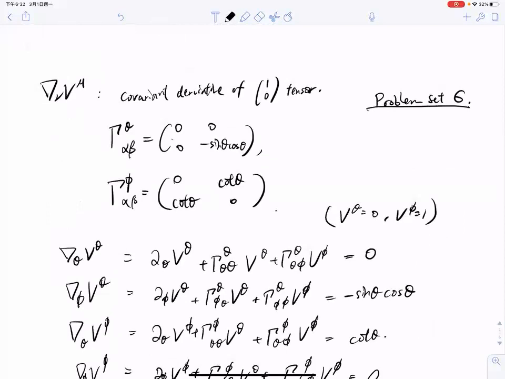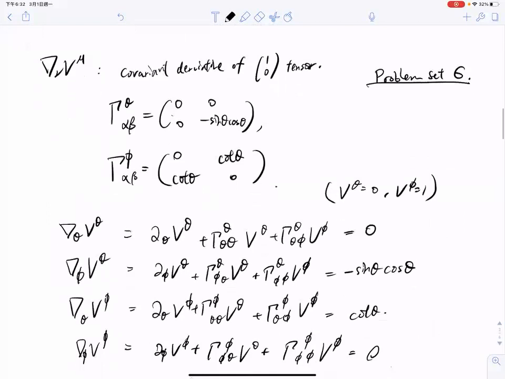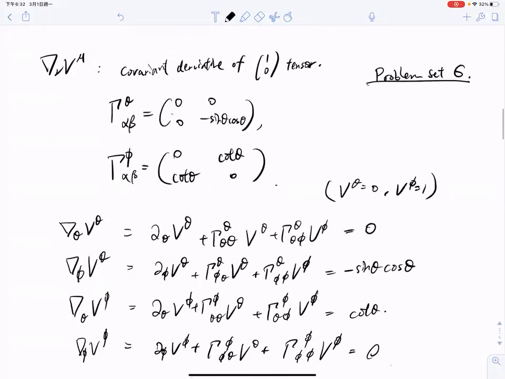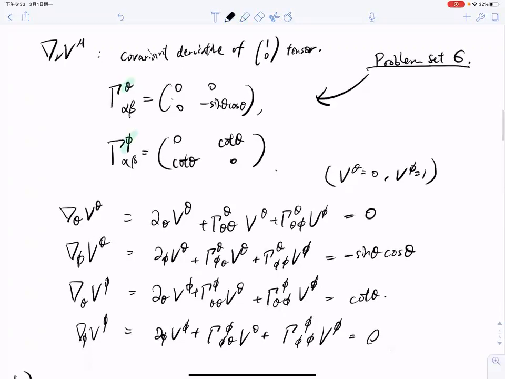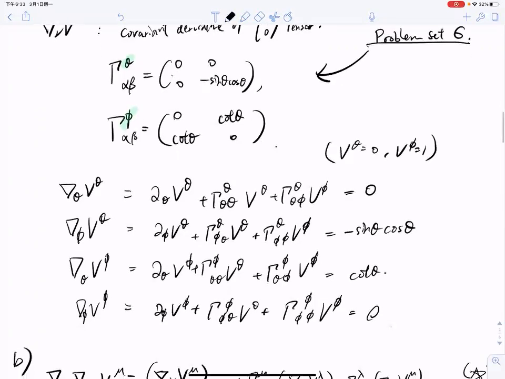If you're not familiar with the formula of a covariant derivative, you have to know it. You can find it in your lecture notes or your textbook. In problem set 6, you found the spherical coordinate Christoffel symbols, so I don't calculate them again. I just show you the answer for the theta and phi coordinates of the Christoffel symbol.